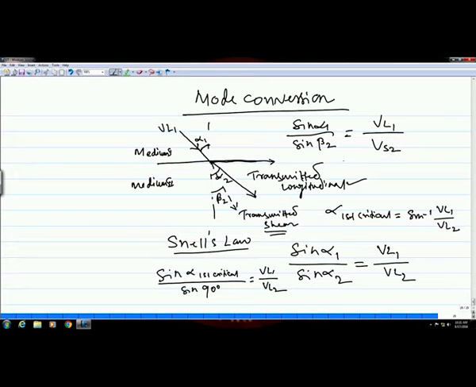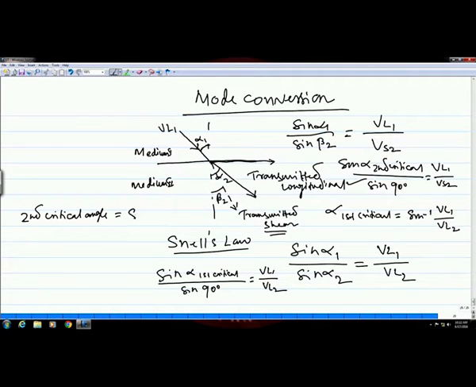So, the second critical angle, that is sin alpha second critical, corresponds to beta 2 becoming 90 degree. Okay. So, we have the second critical angle now. Which is sin inverse V L 1 by V S 2.